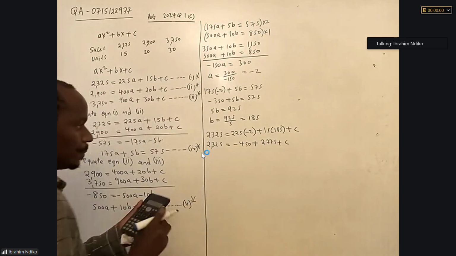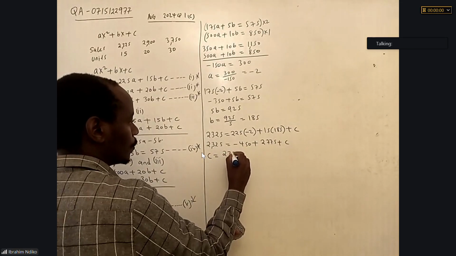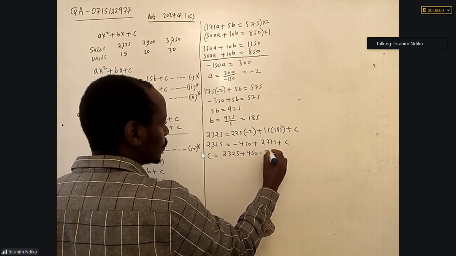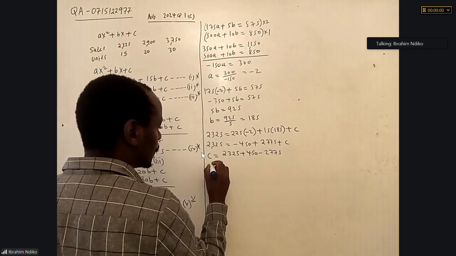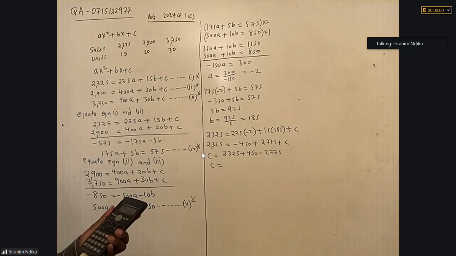What will be the value of c? C will be equal to 2325 plus 450 minus 2775.